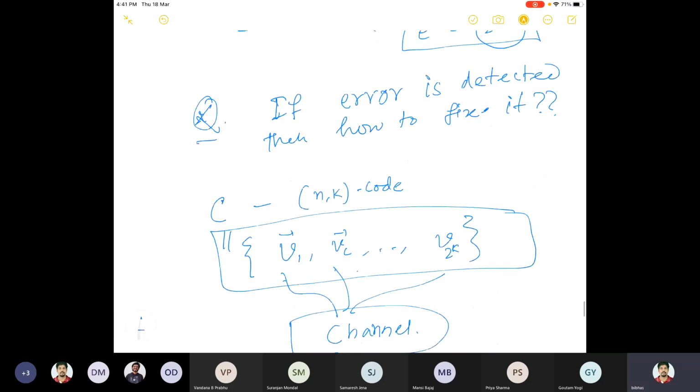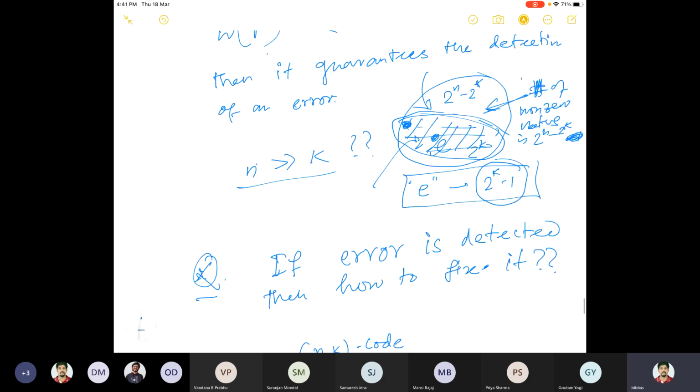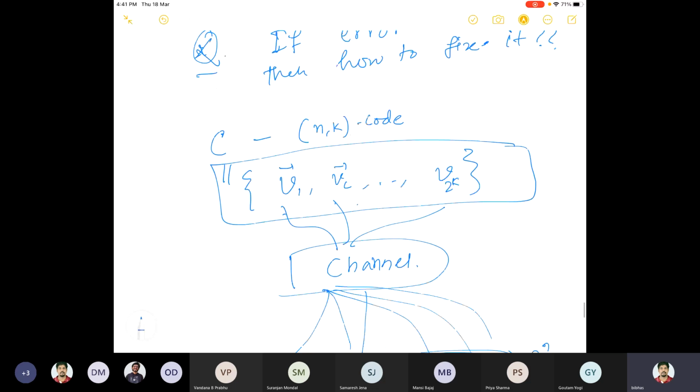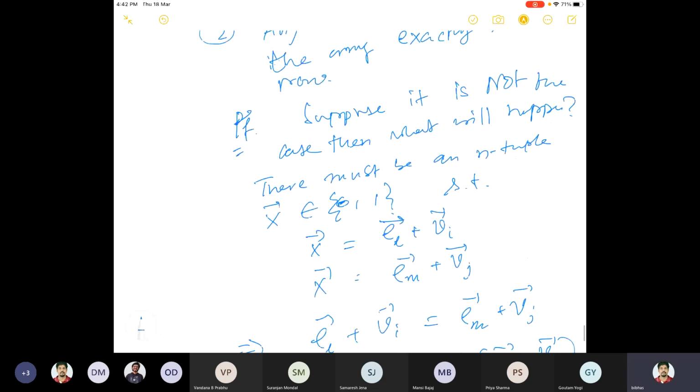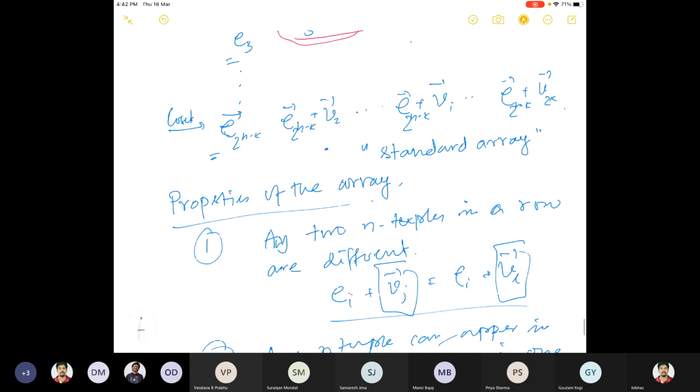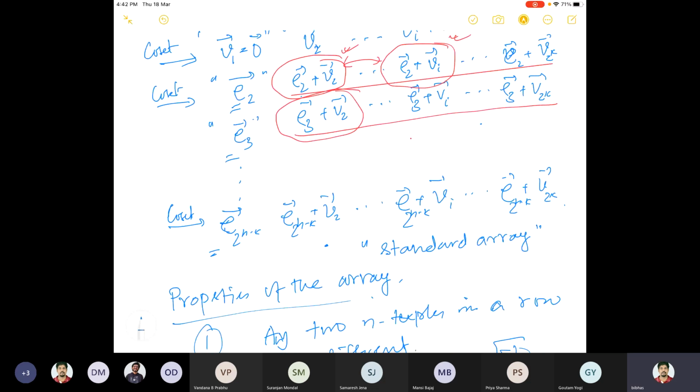I'm adding E2 plus this subspace, E3 plus this subspace, E1 plus this subspace, and so on. So I'm creating cosets here. Each row of this array is called a coset.